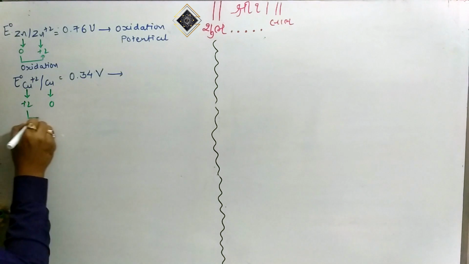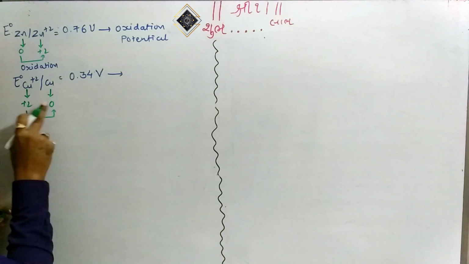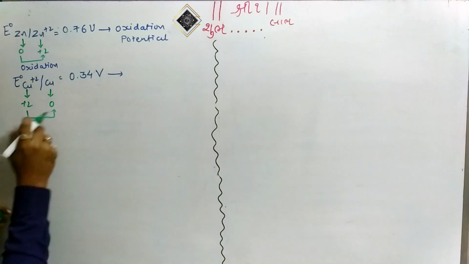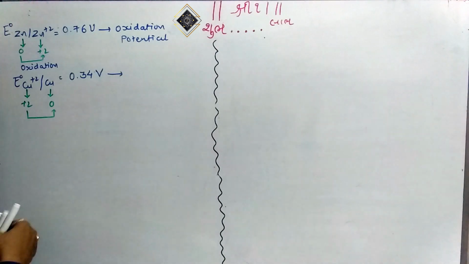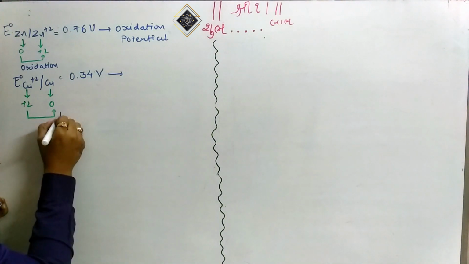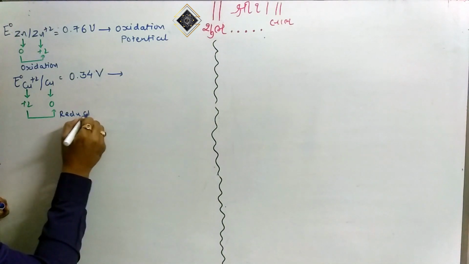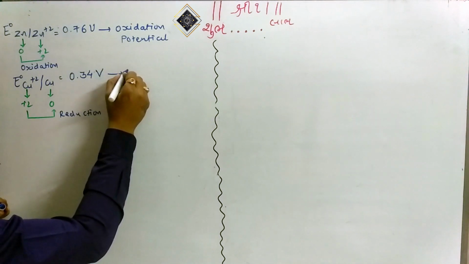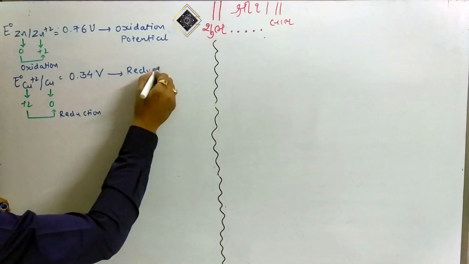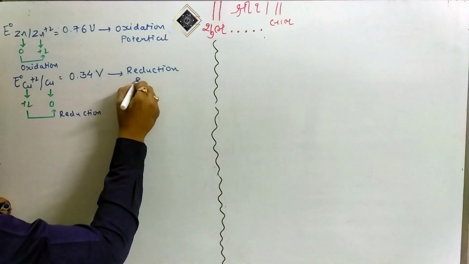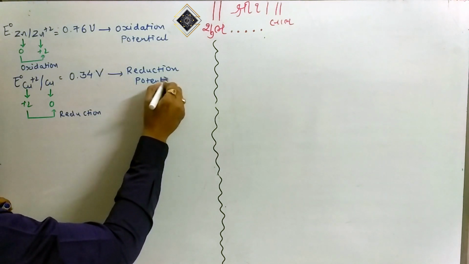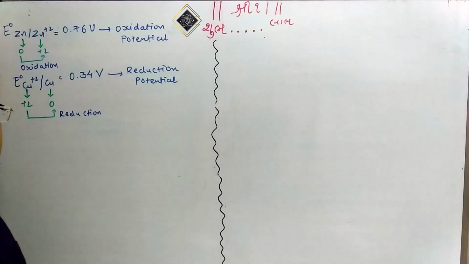That means the oxidation number decreases from +2 to 0. Decreases means this reaction is reduction. Which reaction is this? Reduction. That means the given potential is reduction potential. Clear?